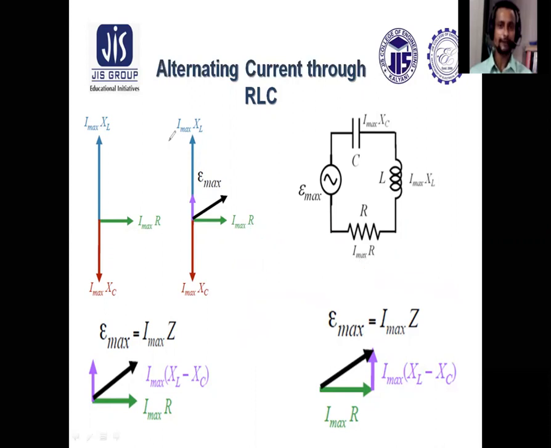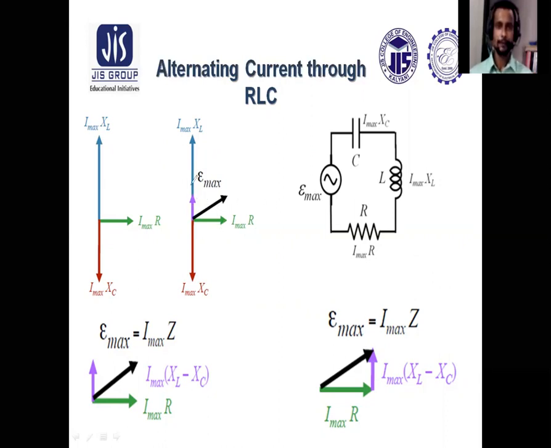Based on that fact, if we assume XL is greater than XC, the resultant will be in the direction of XL. So this is the resultant of XL and XC. So XL minus XC is equal to this. This pink vector shows XL minus XC. Okay.